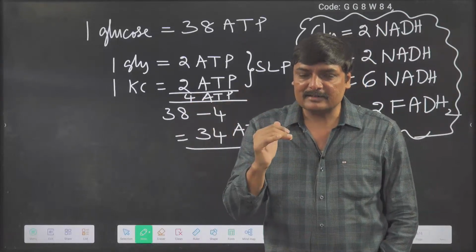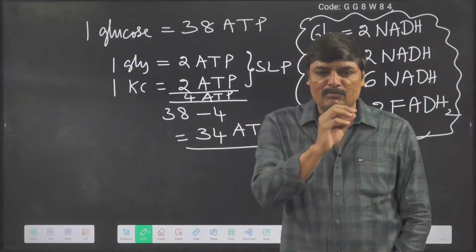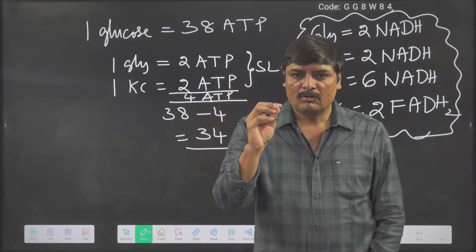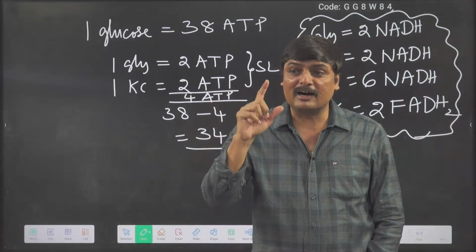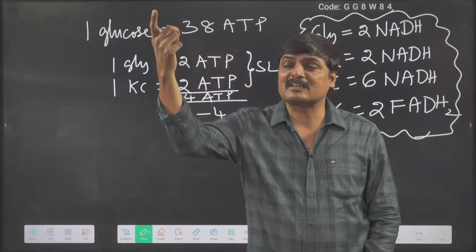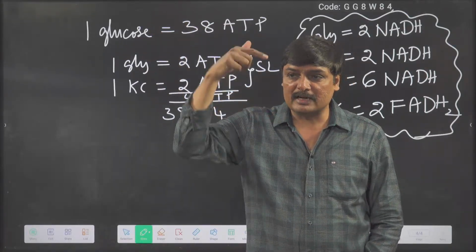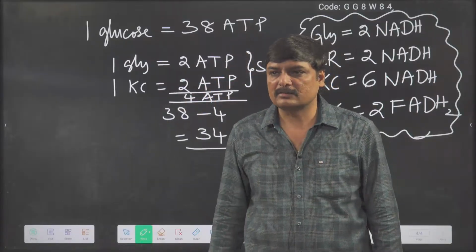What do they do? They carry the electrons from one complex to another complex. Who is the final acceptor of these electrons? Oxygen comes from external atmosphere into the body. That is the electron acceptor, hydrogen acceptor.